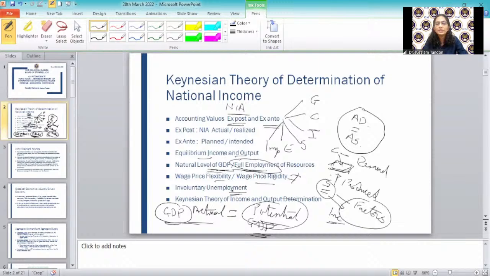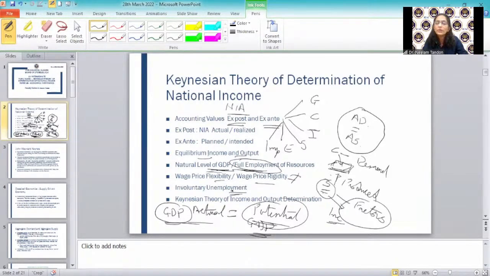Voluntary unemployment is that I have skill, I have education, but I don't want to work. This is my choice. I don't want to work. I want to enjoy my life without working. So it is known as voluntary unemployment.